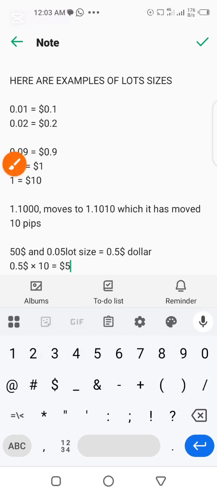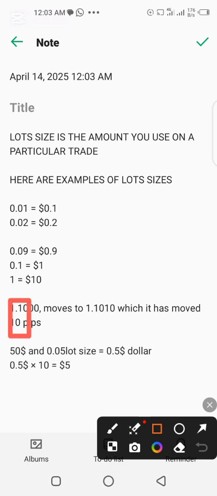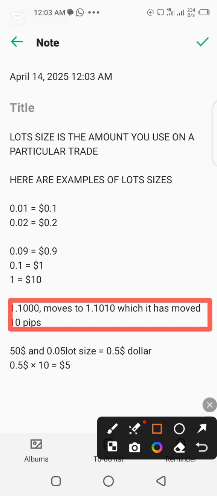So which means if we entered this market at this level and it moves to this level, and we enter the market with this lot size, and it moved to this level, once we times this amount by 10, it gives us what? $5, which means we have made $5.